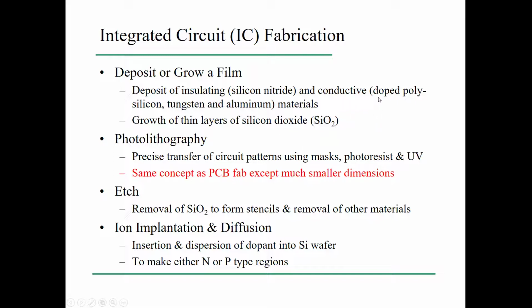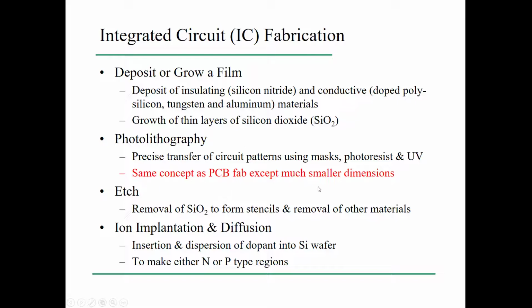Conductive materials that are used in IC fabrication are doped polysilicon, along with tungsten and aluminum. Then there's the photolithography stage. Okay, and this is transferring the circuit patterns using mask and photoresist and UV, like I mentioned a while ago, to get the circuit patterns onto the wafer.